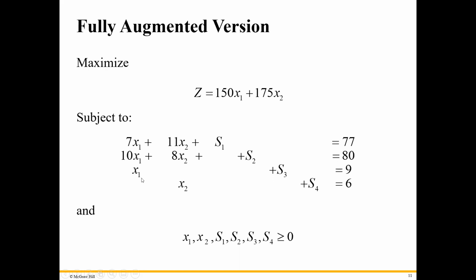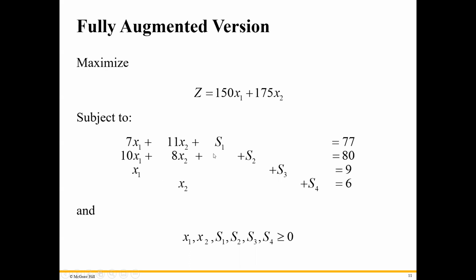Similarly, the third and fourth constraints are the storage constraints. We cannot store more than 9 ton of x1, and we cannot store more than 6 ton of x2. So x1 is less than or equal to 9 and x2 is less than or equal to 6.